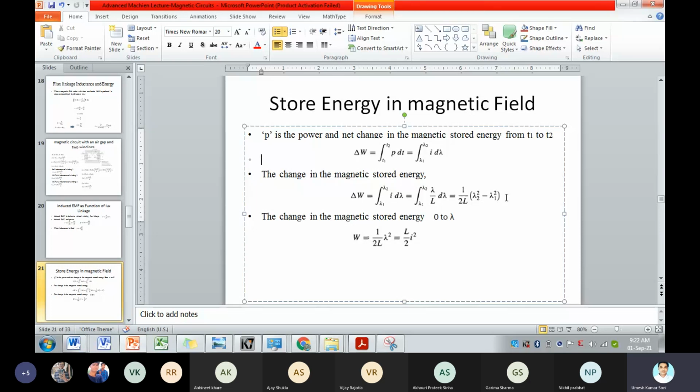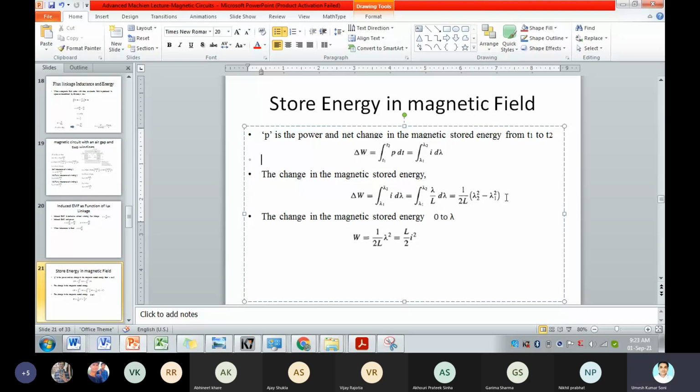Okay, and the flux linkage, the total magnetic energy stored when we are changing the flux linkage from 0 to lambda. अगर किसी भी वाइंडिंग में हम 0 से lambda फ्लक्स लिंकेज अप्लाई करते हैं, सडनली चेंज, तो उसमें एक मैग्नेटिक एनर्जी स्टोर होगी. ओके, and that will set up the flux in the magnetic material. So net magnetic energy stored is 1/2 L into lambda square.